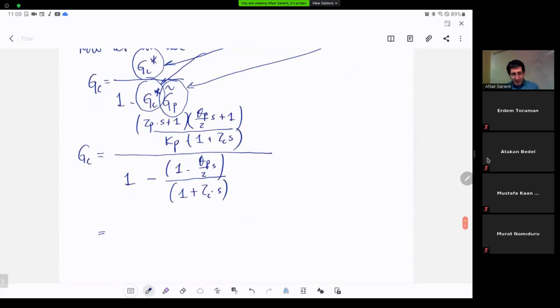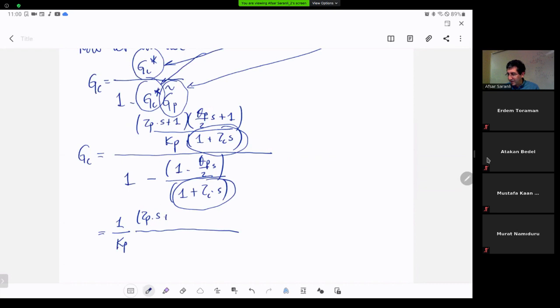So that's going to be 1 over kp from the numerator. These terms will cancel out at the denominator, so tau p, numerator and denominator, will cancel out.